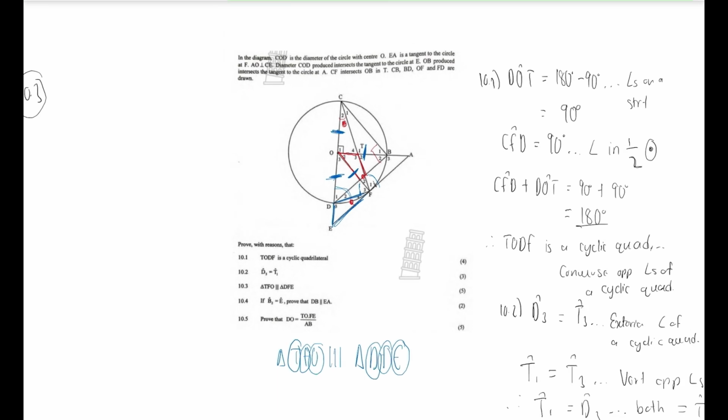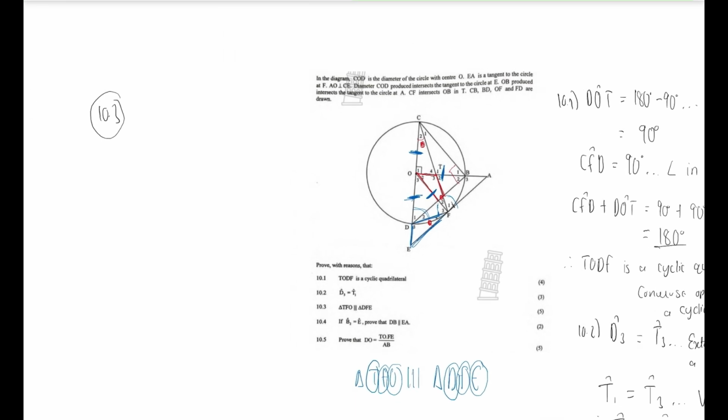So now we're just going to set out a statement to show that F2 equals F4. What we're going to say is that OF equals OC, because they are radii. And then you're going to say F2 equals angle C2.